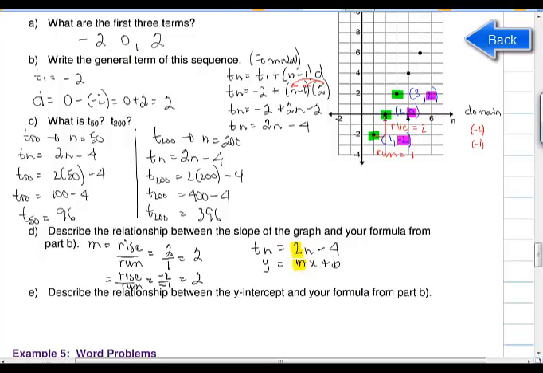And so you can see that the slope of our graph, which is 2, is the same as the coefficient on the n. So the slope of the graph is 2, and the coefficient of n is 2, and so they are the same number.